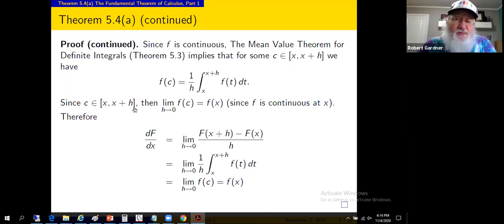Well, if h is really small, in particular if we take a limit as h approaches 0, this x plus h approaches x. c's stuck between them somewhere. Well, then c is going to have to approach x. Since we have a continuous function, that c value approaching x implies a limit as h approaches 0 of f of c is f of x, based on the fact that f is continuous at point x, hypotheses.